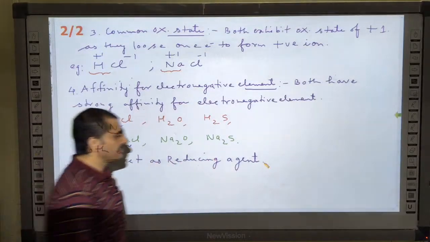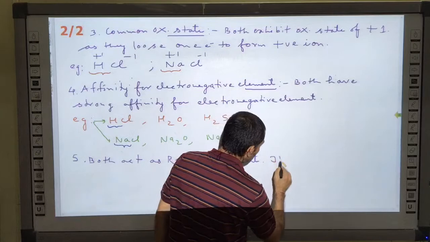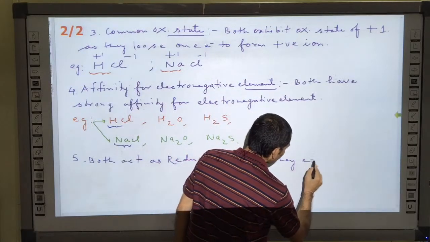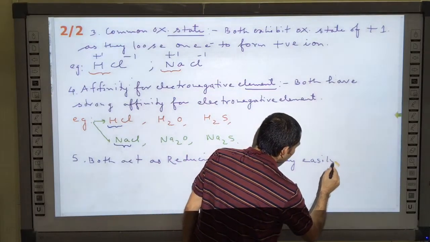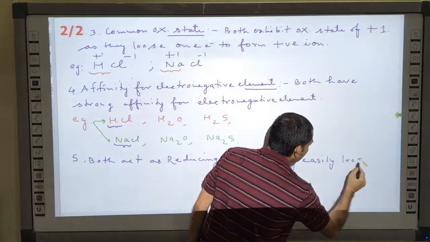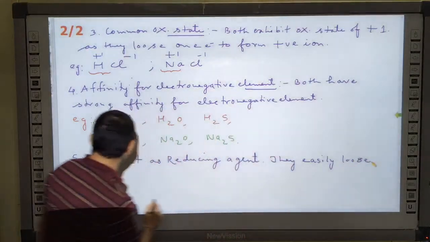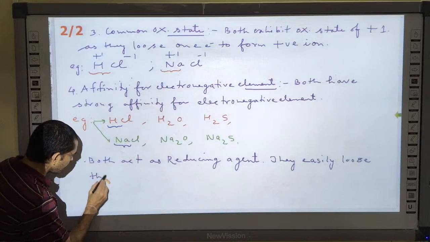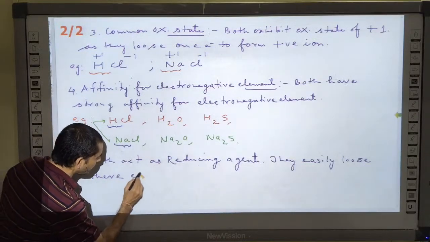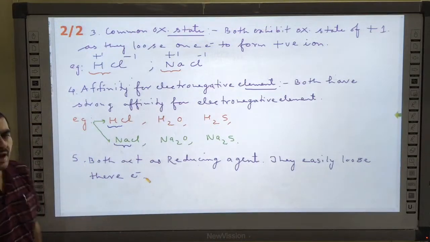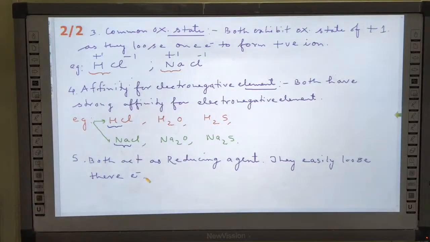Reducing agent. They easily lose their electron. So both are behaving as reducing agents. So these are the properties in which hydrogen is resembling alkali metals.